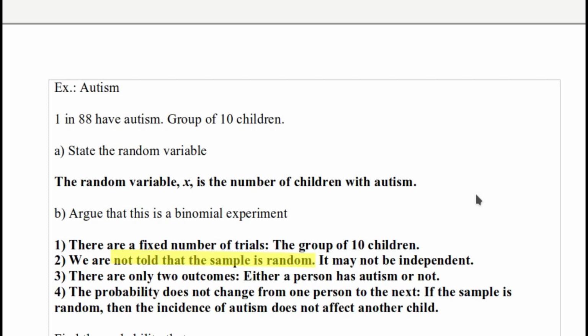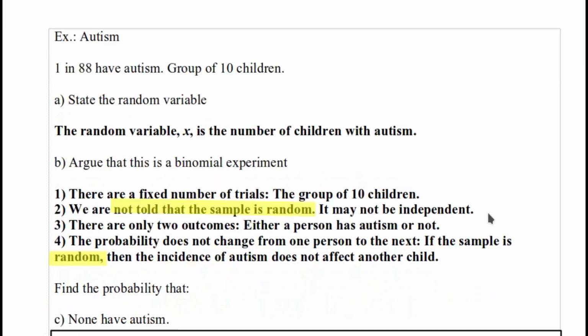And again, that is determined by whether this is truly a random and representative sample. Then the instance of autism in one child does not affect another. So like before, it looks like we've got some issues where we're never told that this group of 10 children was randomly selected, and as a result we have no way of knowing if the probability with one child affects the probability of the next.